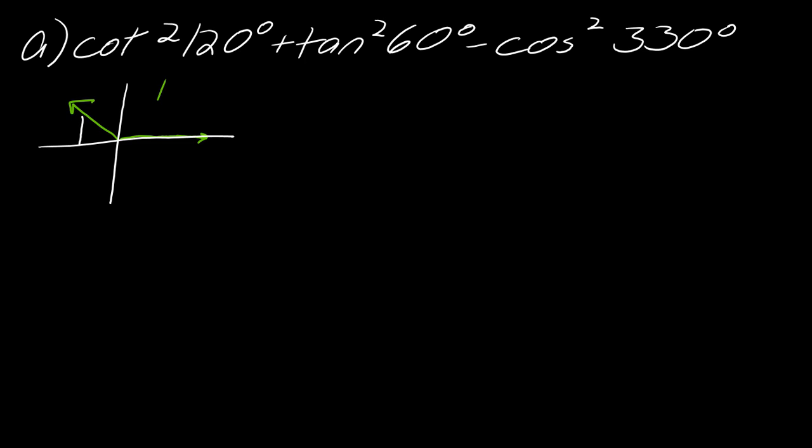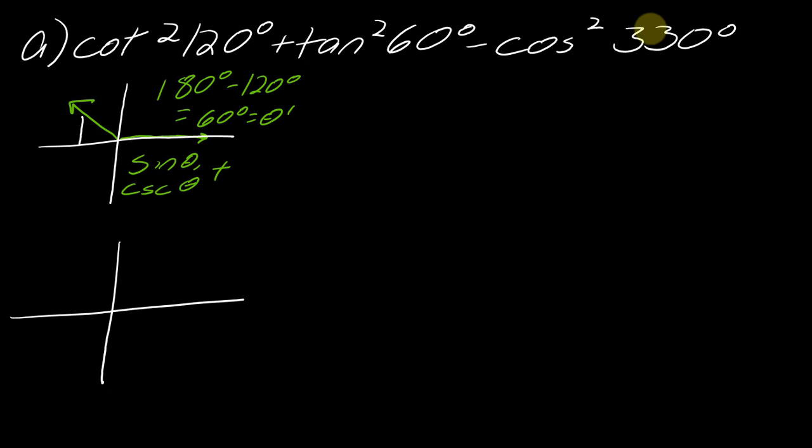So if I figure this out, my reference angle, I'm going to take 180 degrees minus 120 degrees. So that'll give me 60 degrees. So there's my theta prime. Now we are in quadrant 2. So what does that say about the signs of my trig functions? So only sine and cosecant are the positive ones. So I just want to remember that when I'm evaluating.